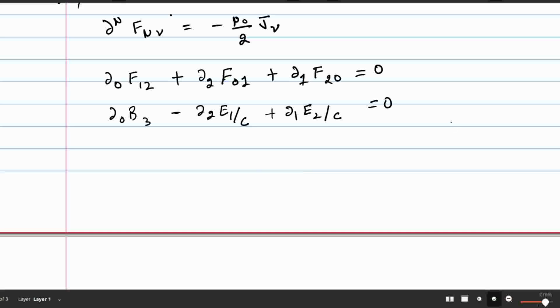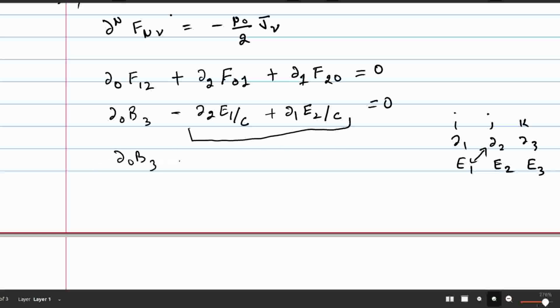Now if we look at this thing here, in terms of curl of E, this is del 2 E1 minus del 1 E2, so this is the third component of the curl of E. So we get del 0 B3 minus 1 over C curl of E third component equals 0.